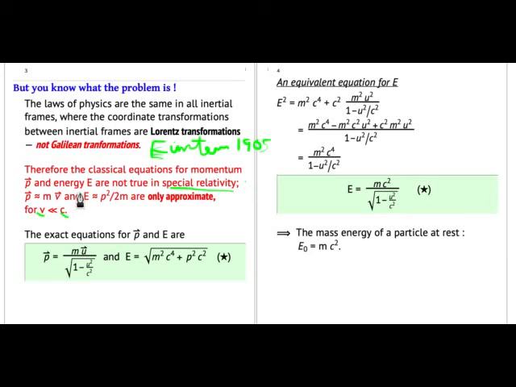But it's not completely correct. It's only correct when the velocities in the system are small compared to the speed of light. So engineers don't really have to use relativity in most cases.